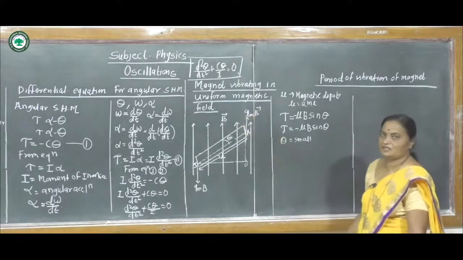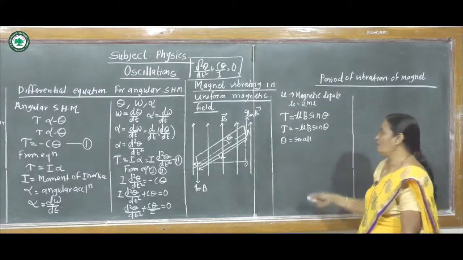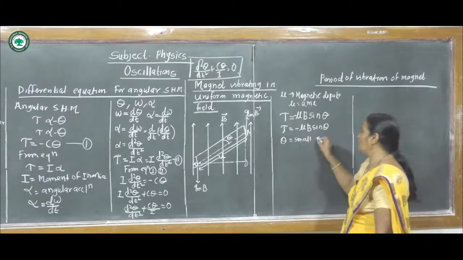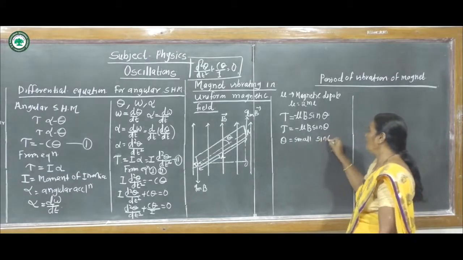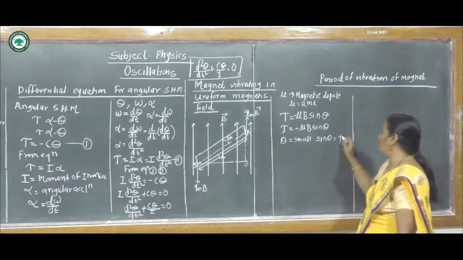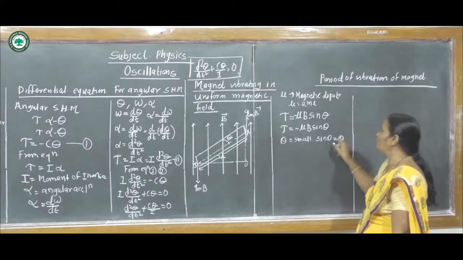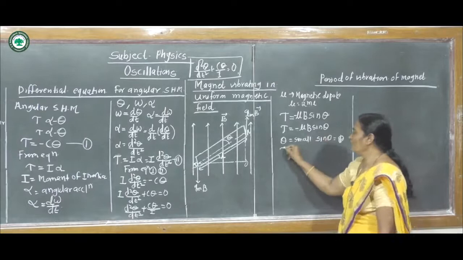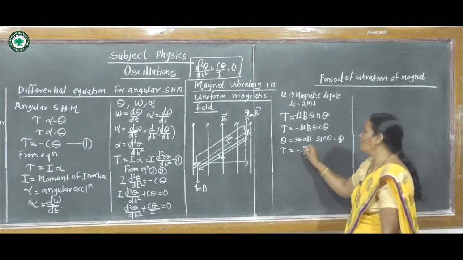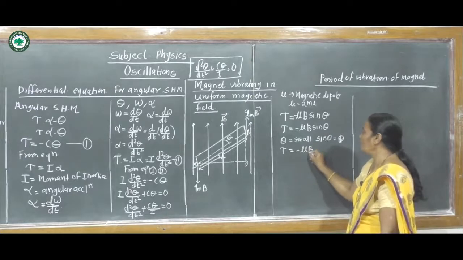If theta is small, we can say that sin theta is equal to theta. Therefore, the above equation becomes torque is equal to mu B theta.